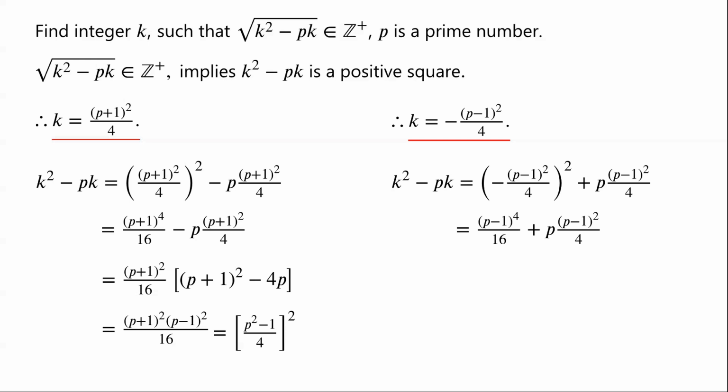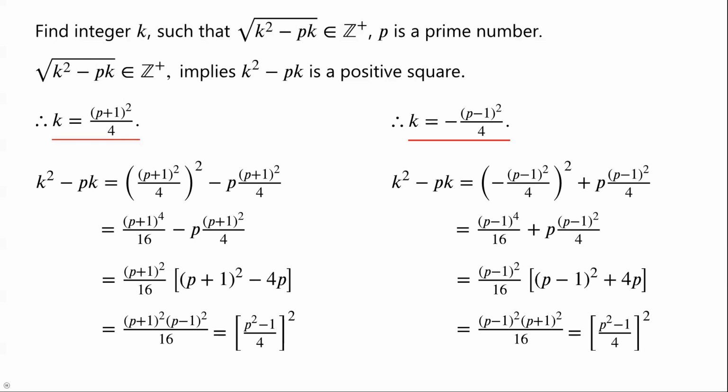Now the two terms have a common factor, (p minus 1) all squared over 16. So they can be factorized and written as (p minus 1) all squared over 16, times ((p minus 1) all squared, plus 4p). (p minus 1) all squared, plus 4p, equals (p plus 1) all squared. So we can now write, equals (p minus 1) all squared, times (p plus 1) all squared, over 16.